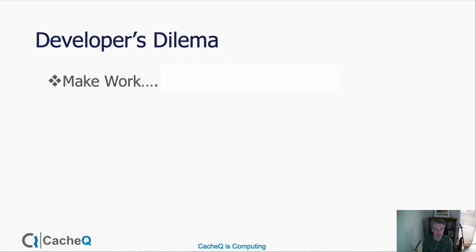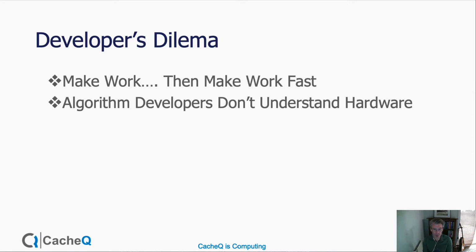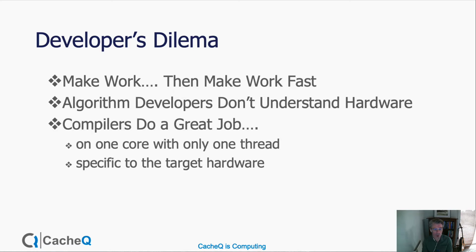Generally, a software developer spends most of their initial time working to make a piece of software function correctly, and then they turn after the fact to trying to make it work faster. Also, most algorithm developers or software developers in general don't fully understand the very low level details of the hardware on which they're running, and therefore it makes it challenging for them to get very high performance code.